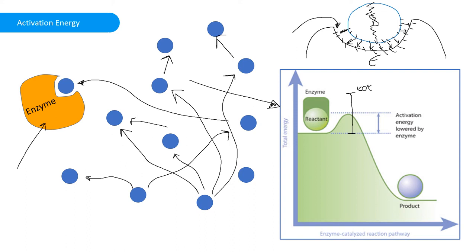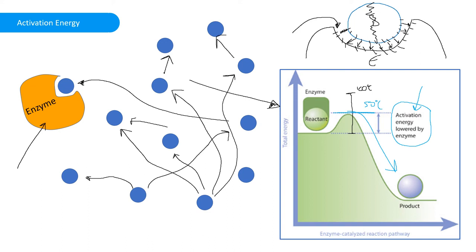I hope you can see on the graph that the activation energy required when there's an enzyme present is massively lowered. So for example, we may well only need to heat it up to 50 degrees to get this reaction rolling down the hill, so that we get the chemical reaction occurring.